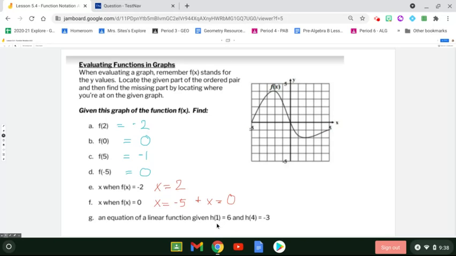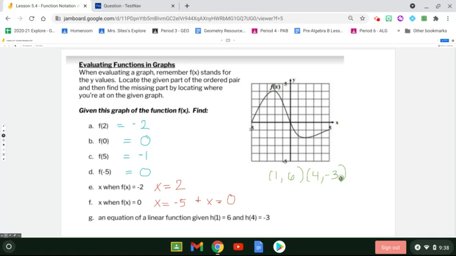The number inside the parentheses is kind of like your x value, and the number after the equal sign is kind of like the y value. So h of 1 equals 6 stands for the ordered pair (1, 6). And h of 4 equal to negative 3 is the ordered pair (4, negative 3).